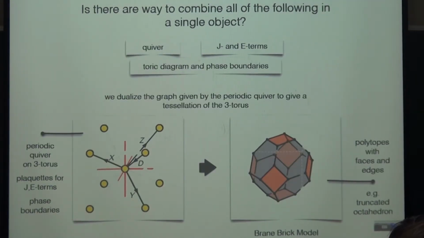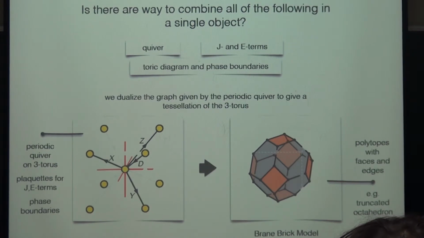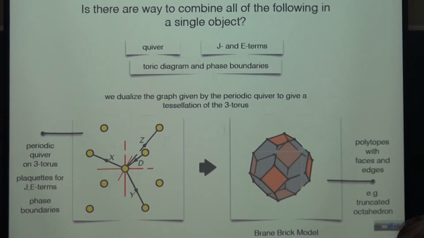Now, what I want to mention in this talk is that I now have a class of 2D (0,2) theories, which are defined by the quiver diagram, the J and E term relations, and the toric diagram, and the phase boundaries that you can obtain from the asymptotic limits of the holomorphic surface you obtain from the toric diagram.